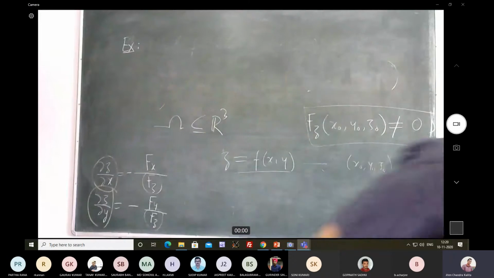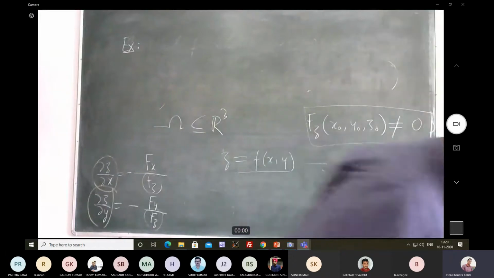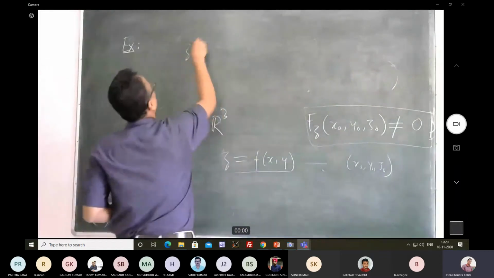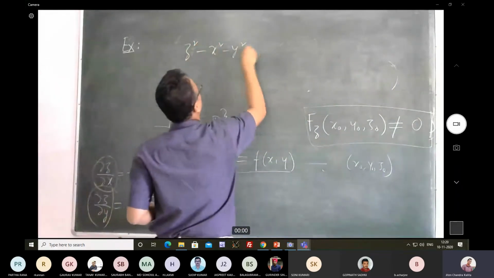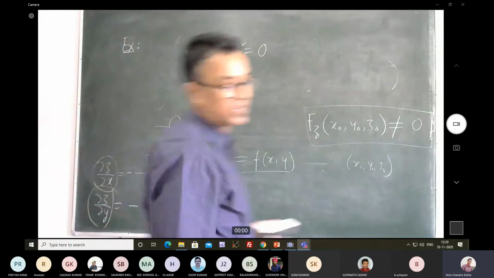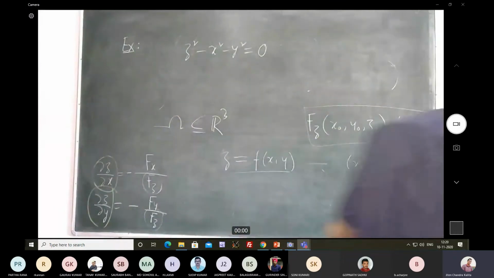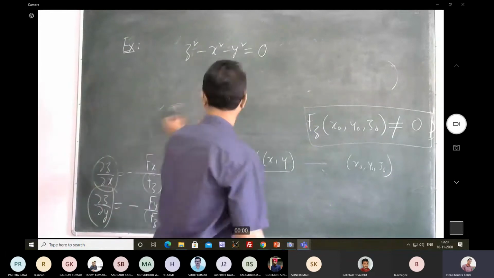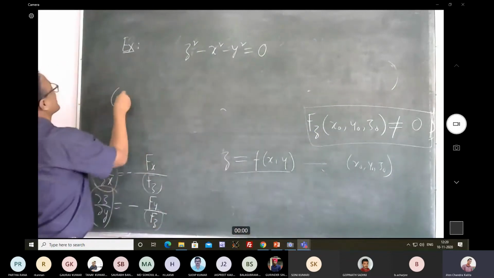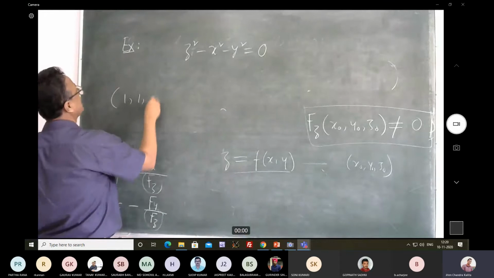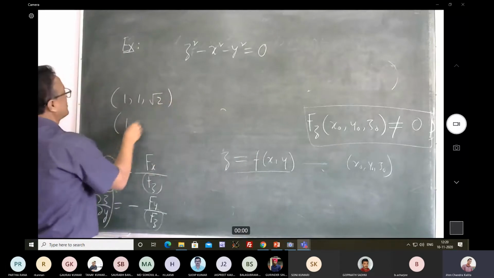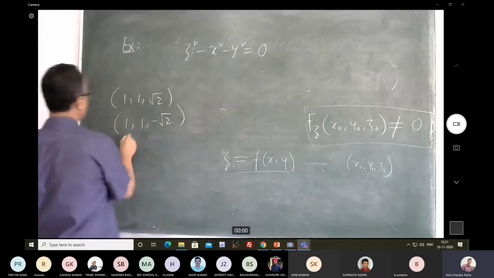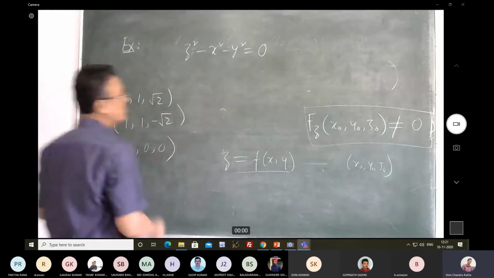What you have to do, if possible, is solve the equation z square minus x square minus y square equal to 0 for z in terms of x and y, near the points 1, 1, square root 2, and 1, 1, minus square root 2, and 0, 0, 0.